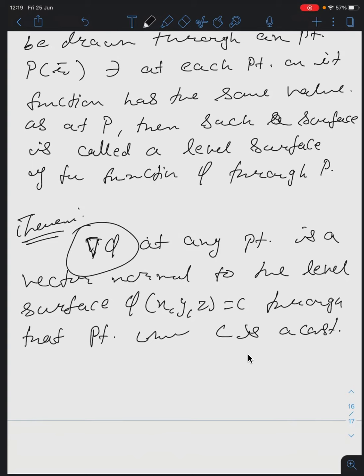It represents a vector along the normal to the level surface, and that will be in the increasing direction. Understood? Yes, ma'am.